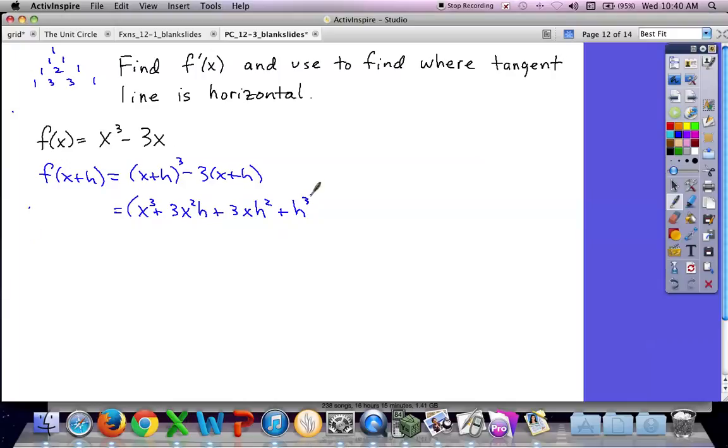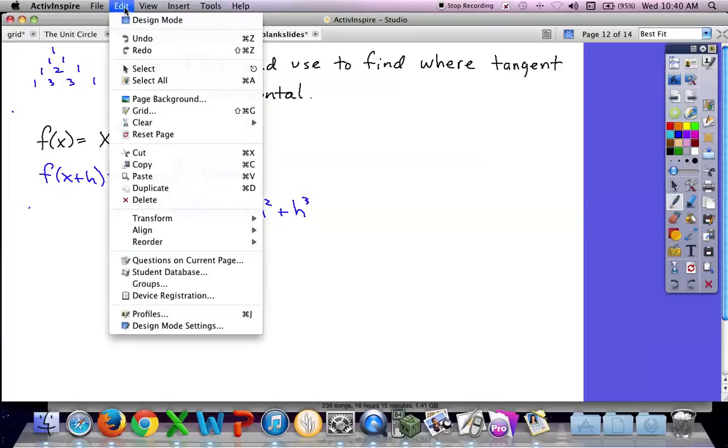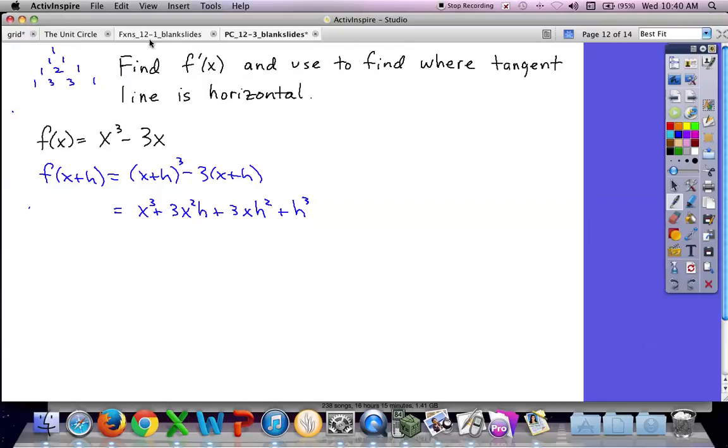So we've got to do this. And then we've got to do minus 3x minus 3h. And now we've got to subtract the f of x, which is x to the third, minus 3x. Of course, the x to the third cancels.